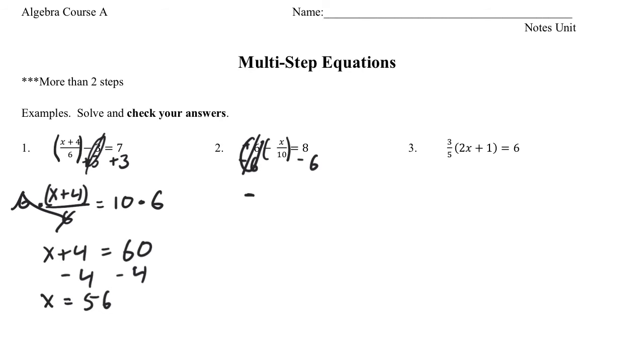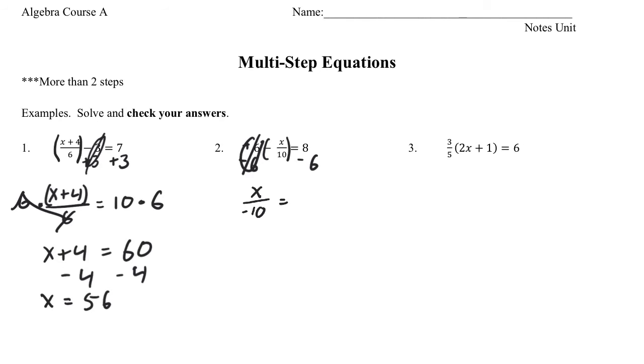Now, when we have fractions, a negative symbol can be assigned to either the numerator or the denominator, the top or the bottom. It doesn't matter. I default to wherever the actual constant number is. So I'm going to put that negative with the 10, so that's x over negative 10. It's just going to make our lives a little easier.